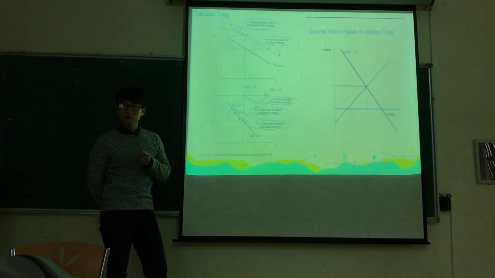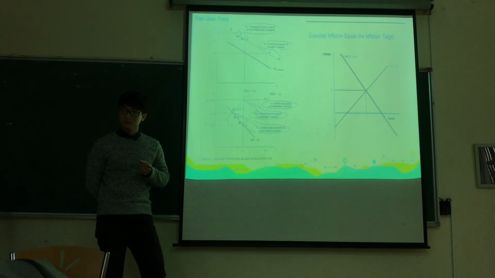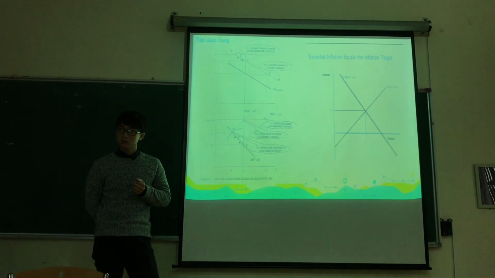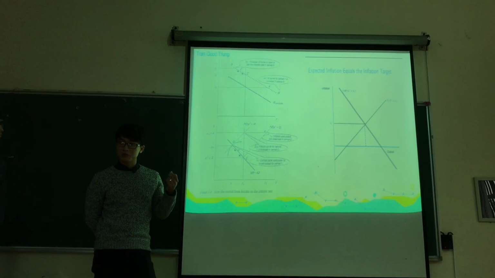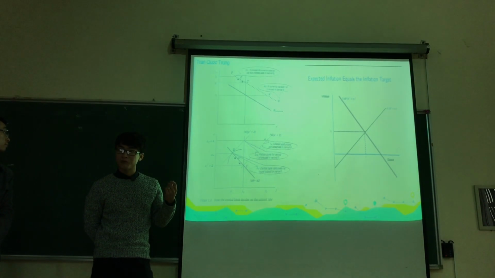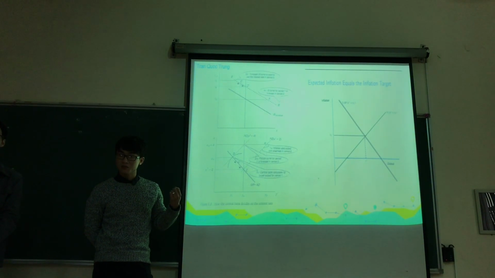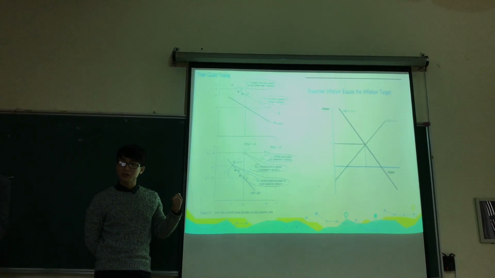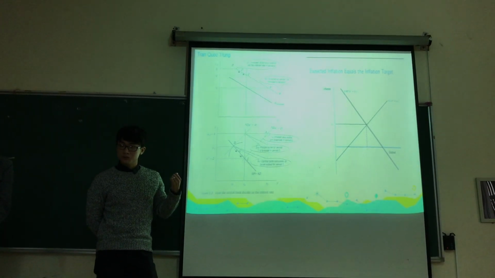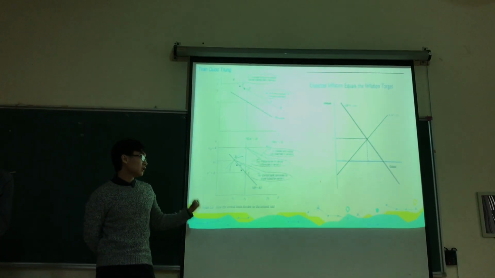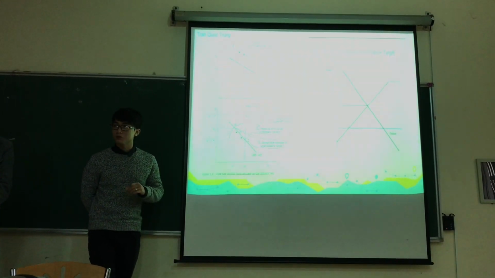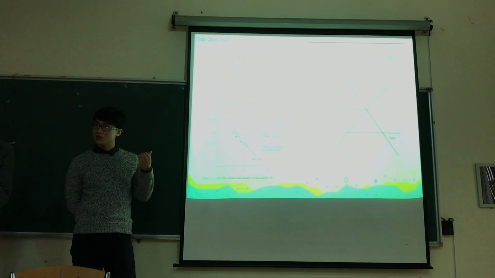If the real interest rate is 4%, what is the situation of the economy? The economy is growing too fast and is out of control of the central bank. So the central bank's job is they need to reduce the inflation to slow the economic growth.